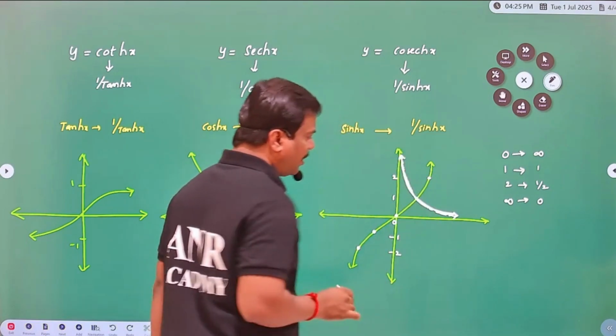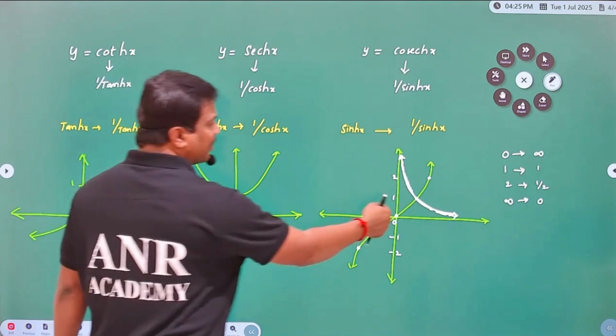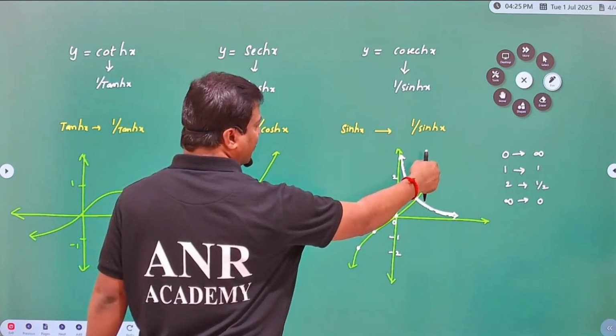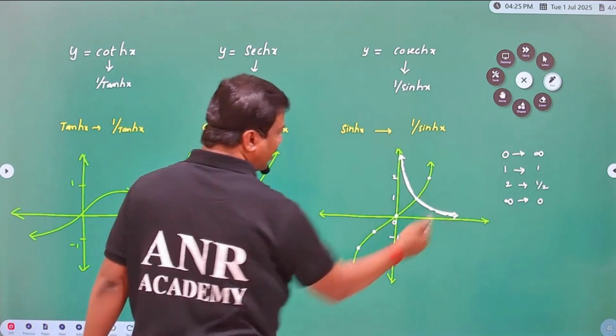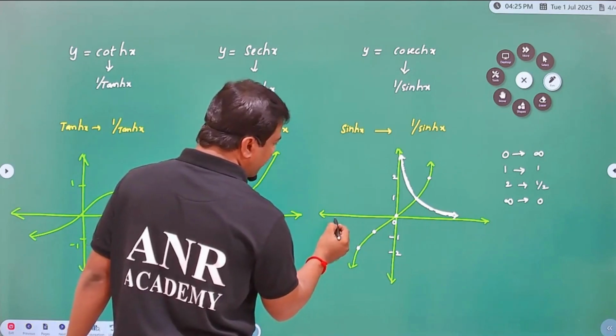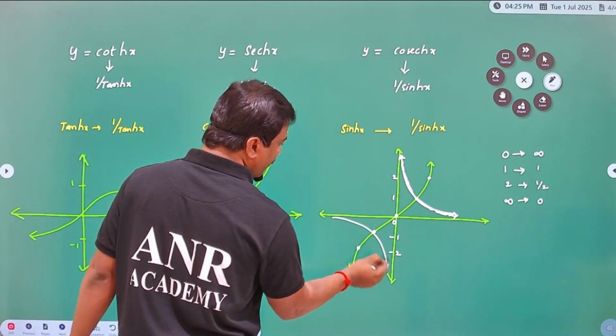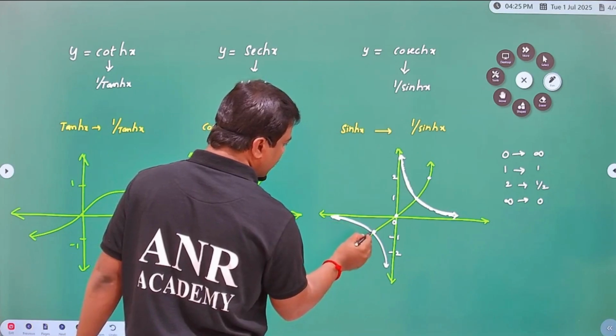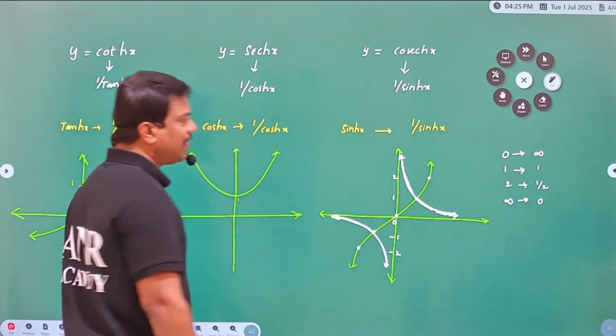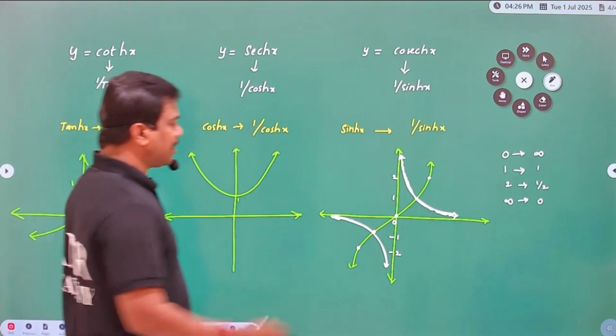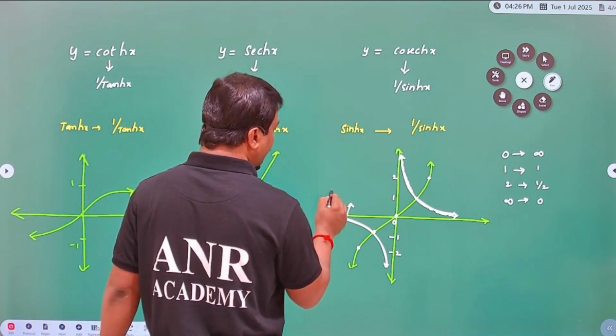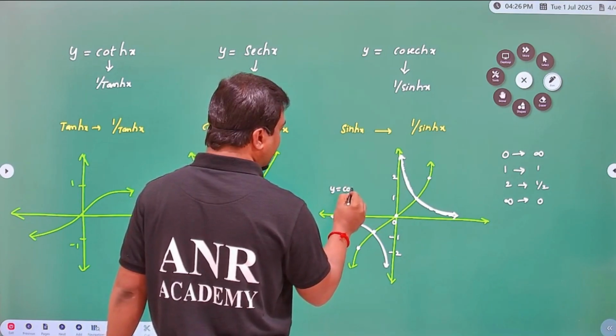This is the graph in the first quadrant. Similarly, the same graph you will get in the third quadrant. This is the graph. So the white colored graph in the first quadrant and third quadrant indicates the reciprocal of sin hx, that is y equal to cosecant hx.